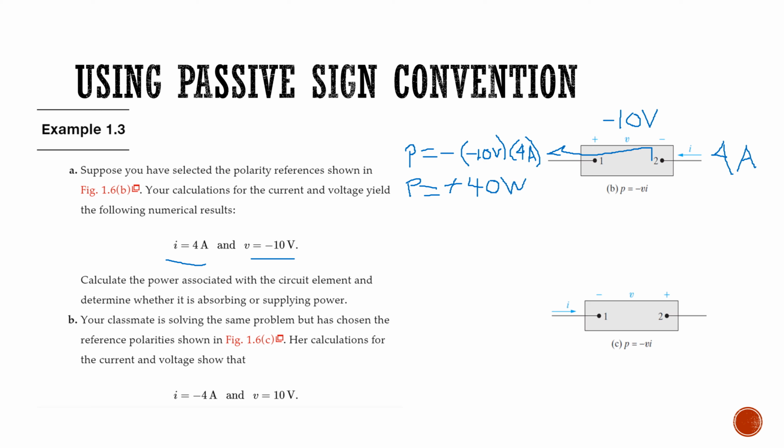All right, in the second example, the polarity of the voltage is reversed and the direction of the current is reversed, and so the values are also reversed. So minus 4 amps and plus 10 volts.